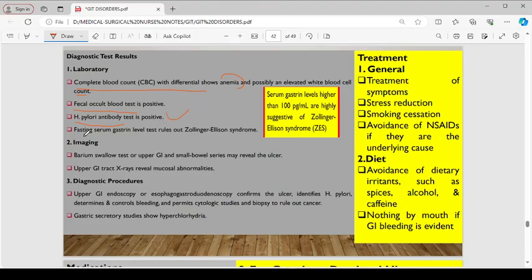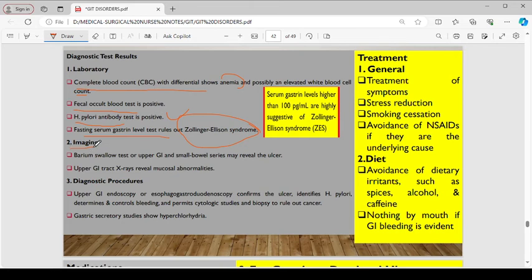We also have fasting serum gastrin levels, which will try to rule out Zollinger-Ellison disease. This peptic ulcer is very similar in presentation compared to Zollinger-Ellison's disease. So serum gastrin levels will be higher in patients with Zollinger-Ellison syndrome, and this helps differentiate the two.